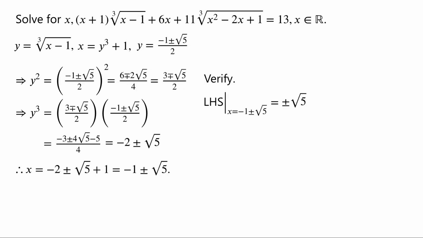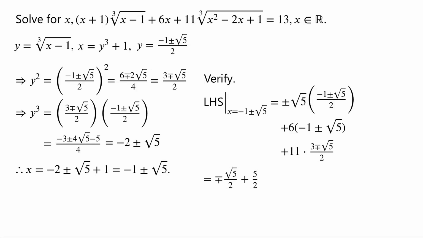The cube root of x minus 1 is equal to y, which is equal to -1, plus or minus root 5, over 2. 6x equals 6 times -1, plus or minus root 5. 11 times the cube root of x squared minus 2x plus 1 is equal to 11y squared, which is equal to 11 times 3 minus or plus root 5, over 2. Plus or minus root 5, times -1, plus or minus root 5, over 2, is equal to minus or plus root 5 over 2, plus 5 over 2.